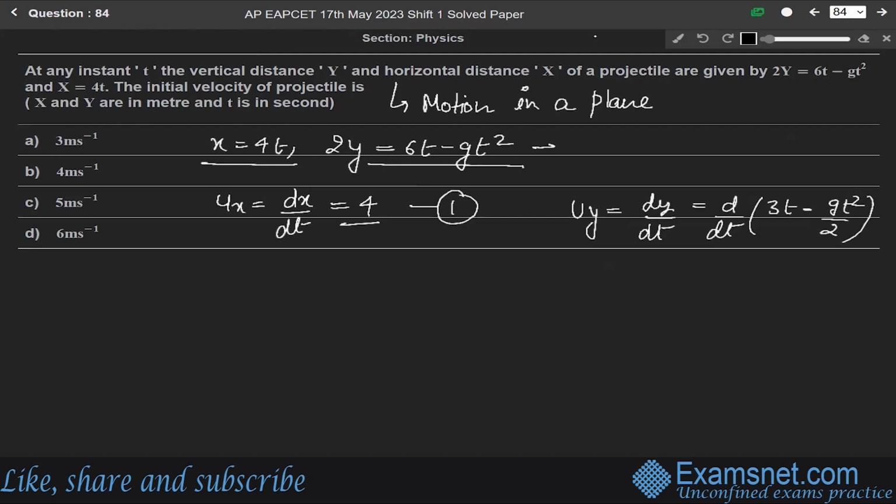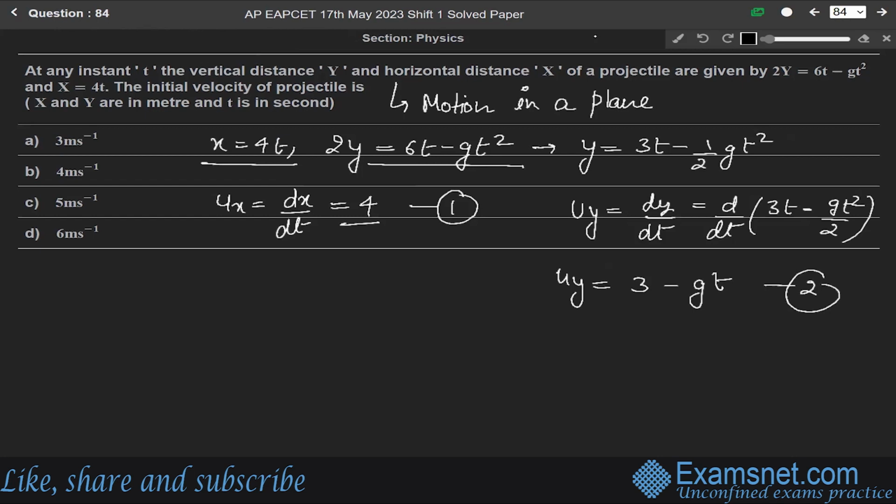From here, if we want to find y, y will be equal to 30t minus 1 by 2 gt square, simply dividing the whole equation by 2. So we get uy as 3 minus gt. Let us say this is equation second.